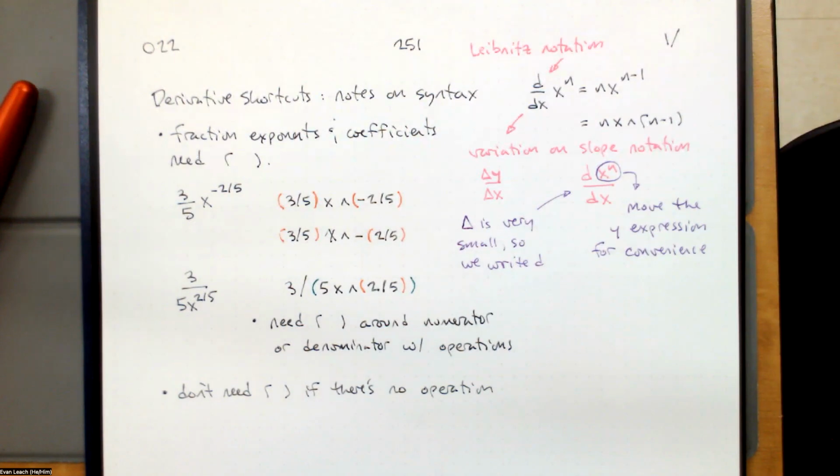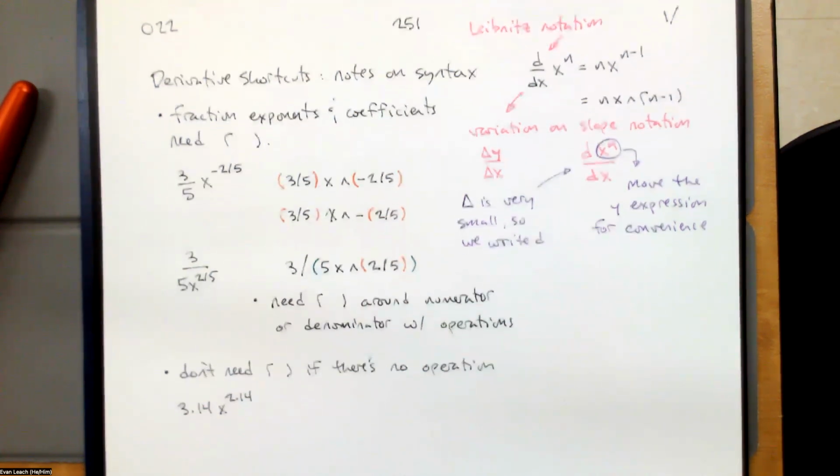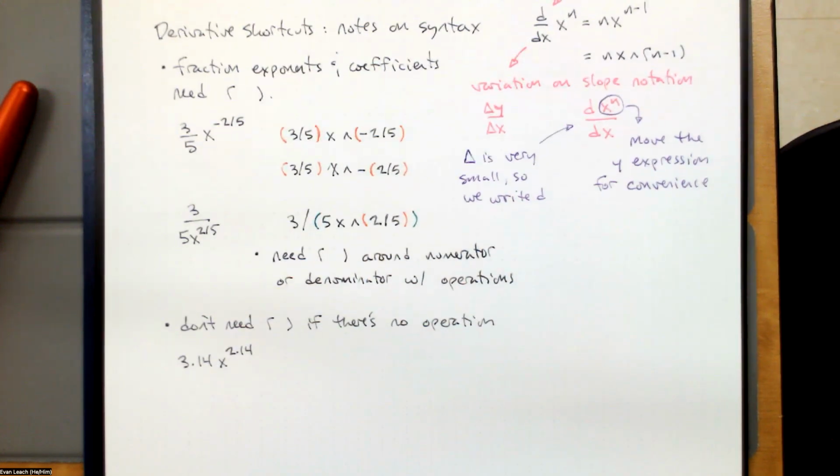This one came up. One of them was 3.14 x to the 2.14. Now the 2.14 is a little bit messier of a number than something like 5x to the 4, but 2.14 is still just a constant.